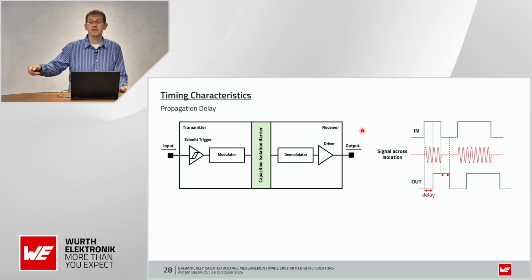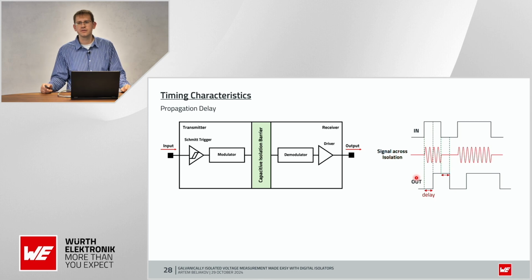You can see in this picture the input signal, the high-frequency signal across the isolation barrier, and then some output signals. Of course, we can see some delay between input and output, and for high-speed applications this delay should be as small as possible.